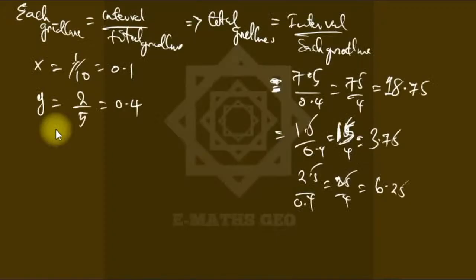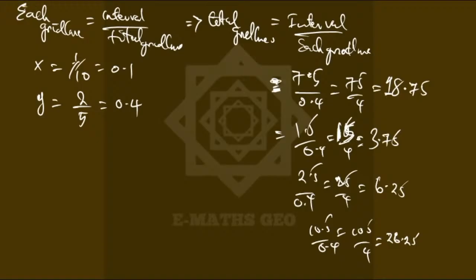So we still do that same thing. 10.5 divided by 0.4, which is 105 over 4. So that is 26.25.